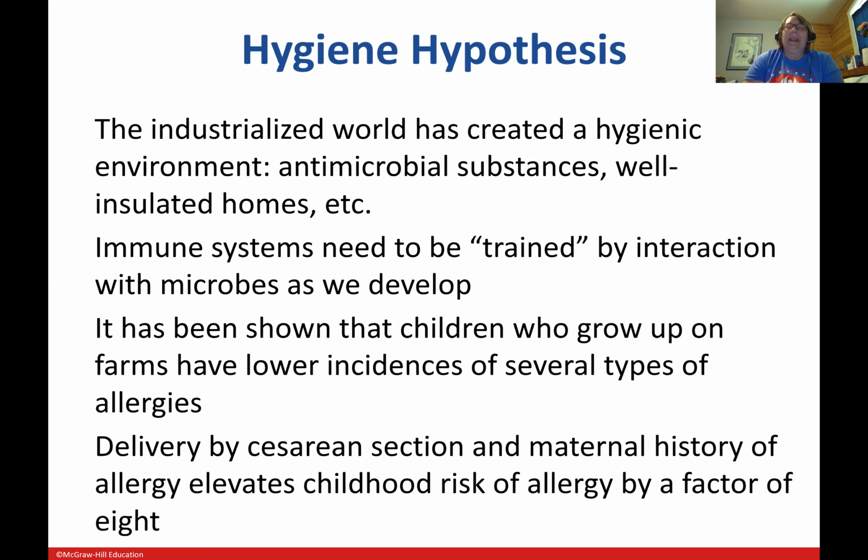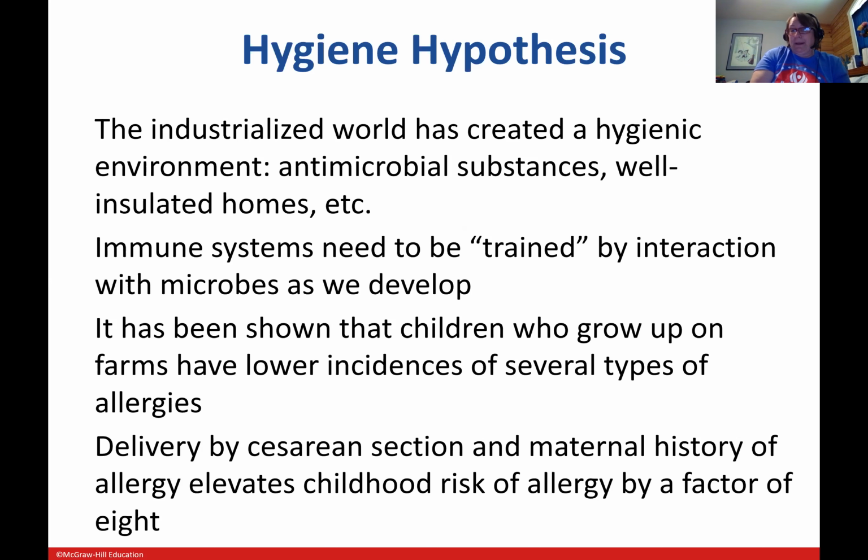Okay? As an example, it's been shown that children who grow up on farms, and so are exposed to all kinds of stuff, get worms from the dog, get all kinds of microbes from wrangling the goats and all that sort of thing, generally have fewer allergies and less asthma. Conversely, children who are delivered by cesarean section do not go through the vaginal canal and are not exposed to all that vaginal microflora.